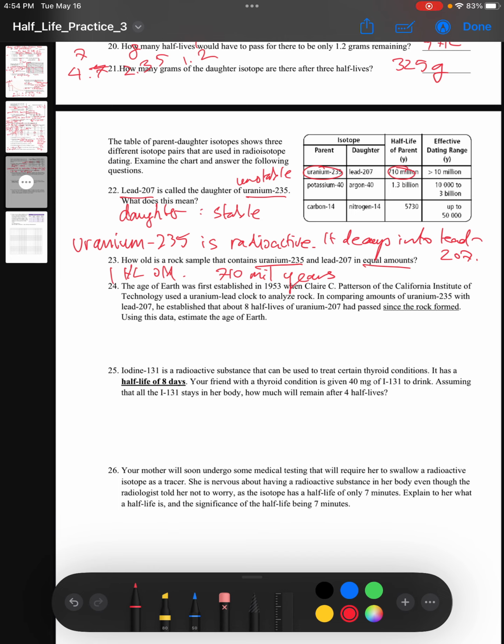Using this data, estimate the age of Earth. 8 half-lives of uranium-207 is how many years?